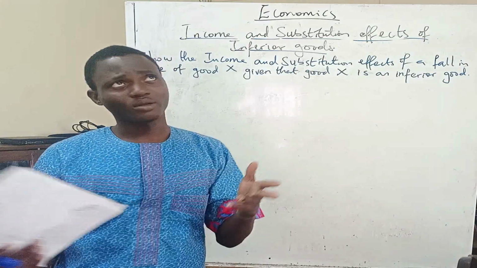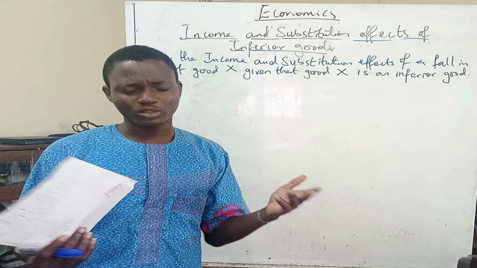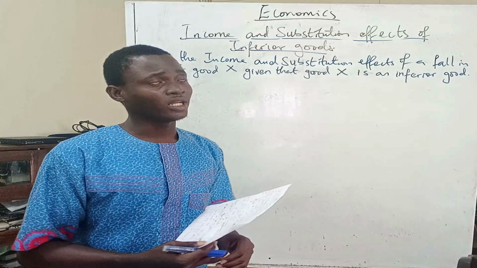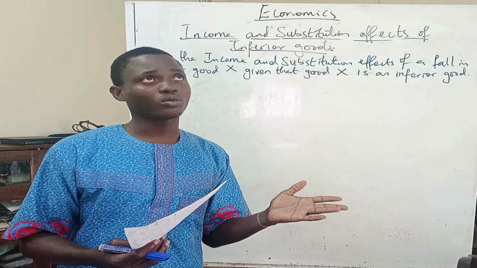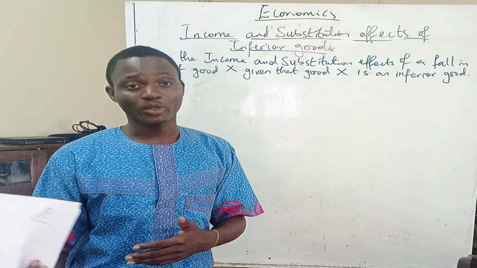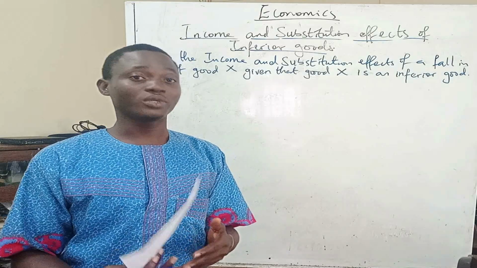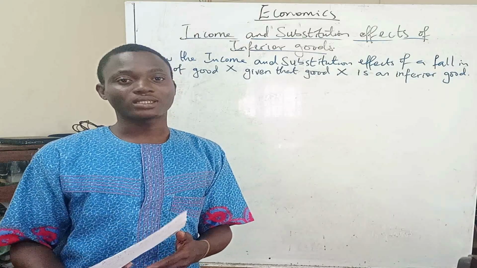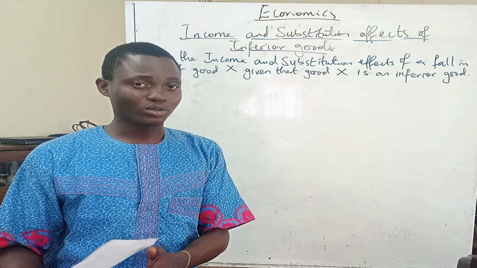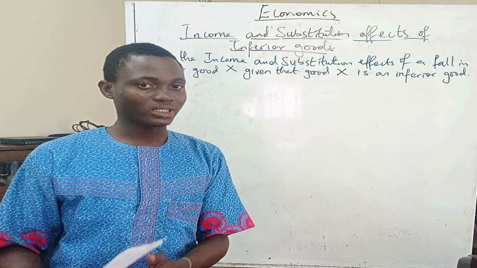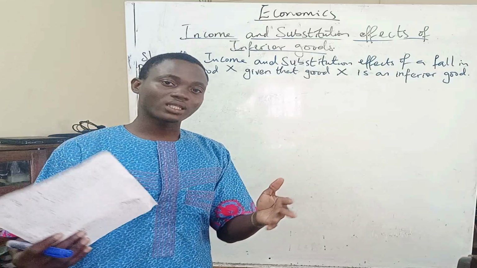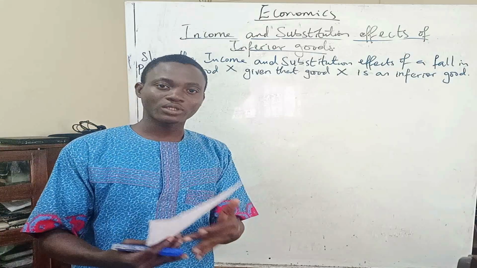I think there is also a third combination, which is to buy more of one and less of the other: more of the commodity whose price has risen and less of the commodity whose price has not changed absolutely but is now relatively expensive. So in all of these there is a substitution effect and there is an income effect.